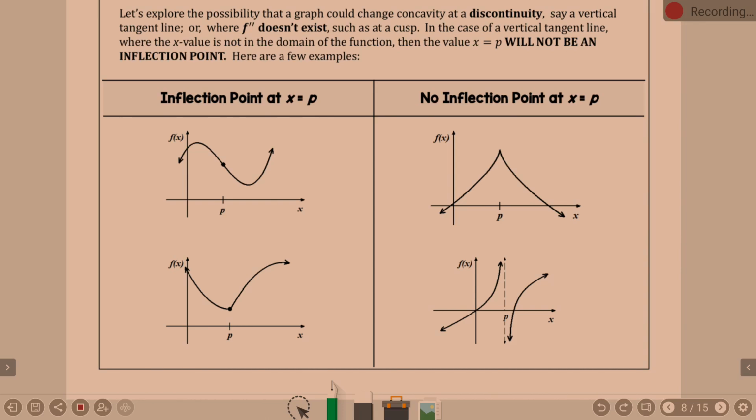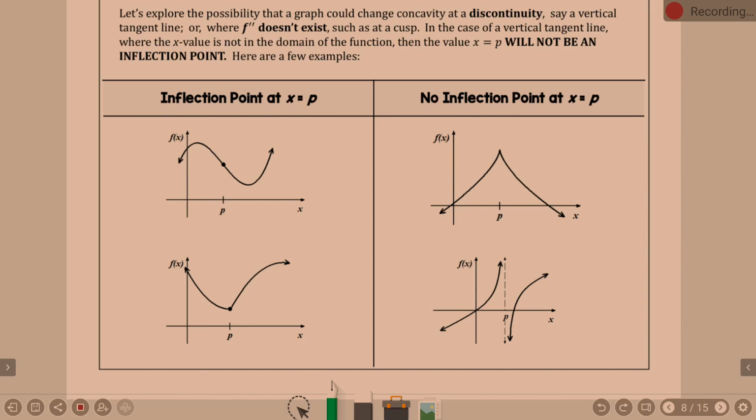Okay, so we are in the mix of talking about 5.4, concavity, and the second derivative test is where we're headed. Remember, a point of inflection is where concavity changes from concave up to concave down or vice versa.